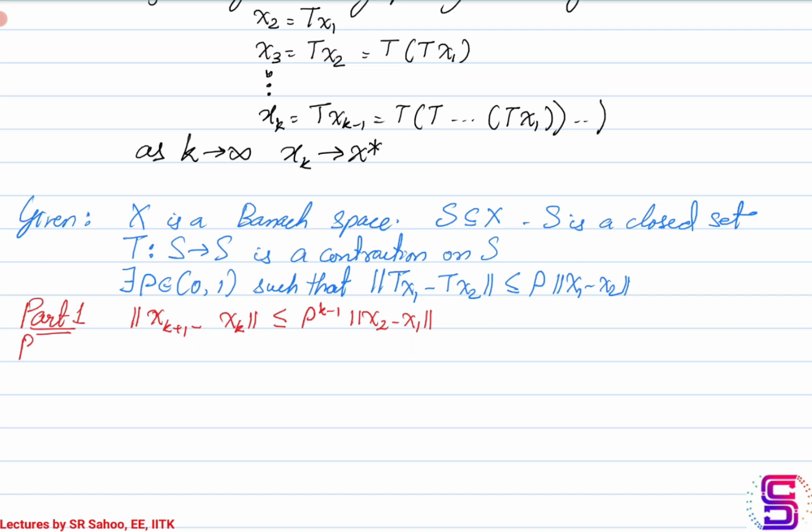The second part will try to prove that the sequence xk is Cauchy, which means we'll try to show that if we are given any epsilon, then we will be able to find the index number capital N, so that after that index number, whatever entries are taken in the sequence, the distance between them will be less than epsilon.